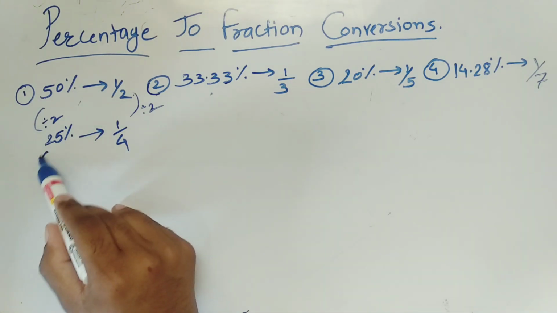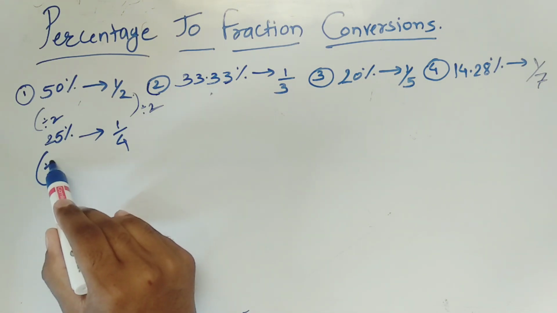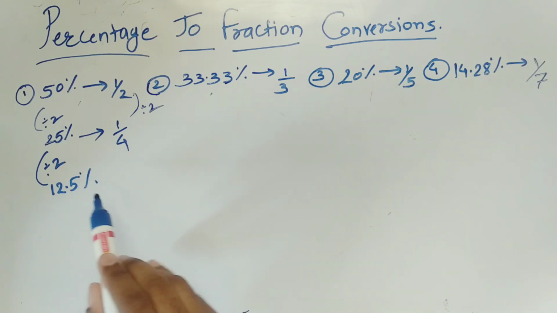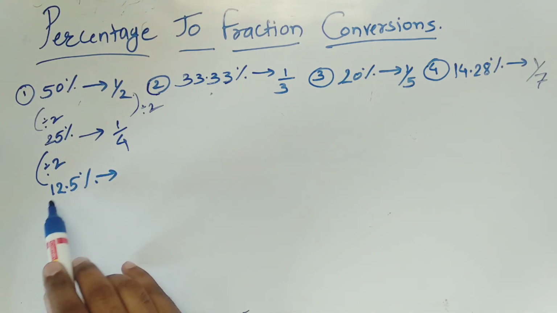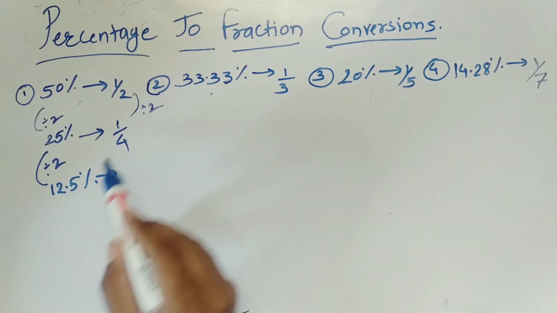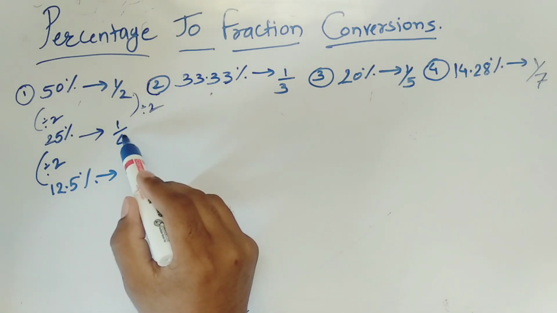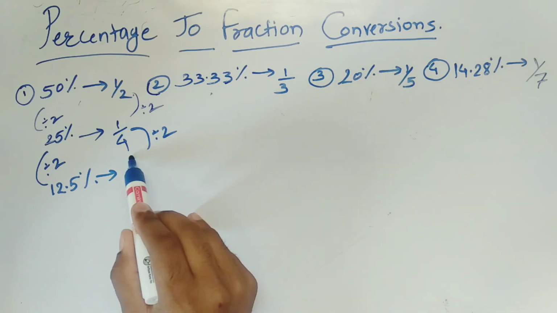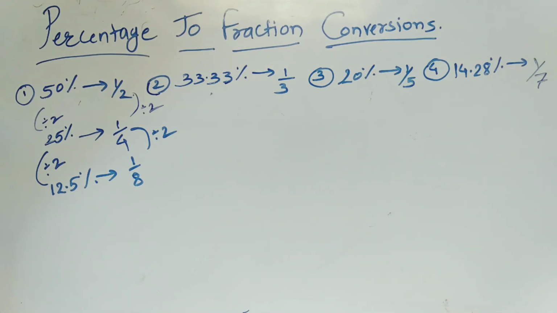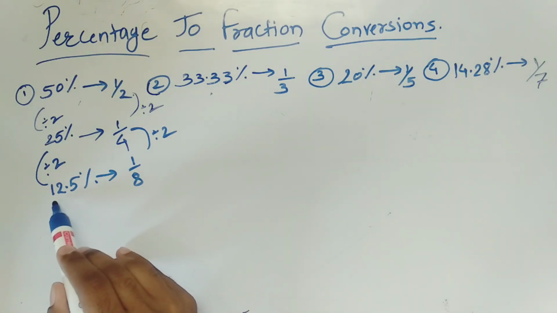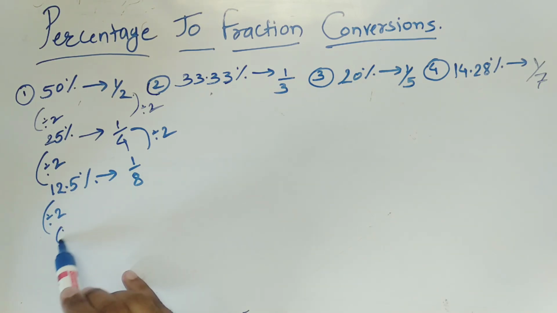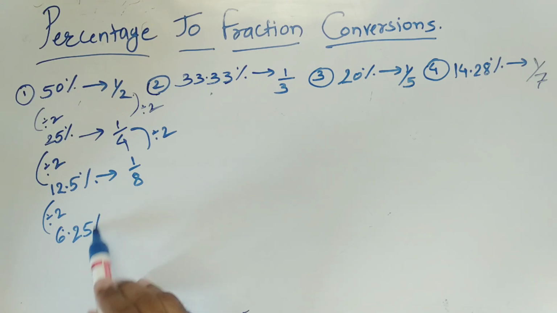Now further on, if 25% is divided by 2, we get 12.5%. So in order to find the ratio for 12.5%, just divide this ratio by 2. So 1 by 4 when divided by 2, it gives us the ratio 1 by 8. So further on, if we divide 12.5% by 2, we get 6.25%.